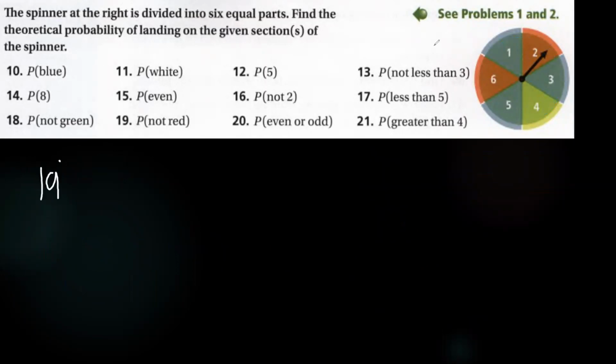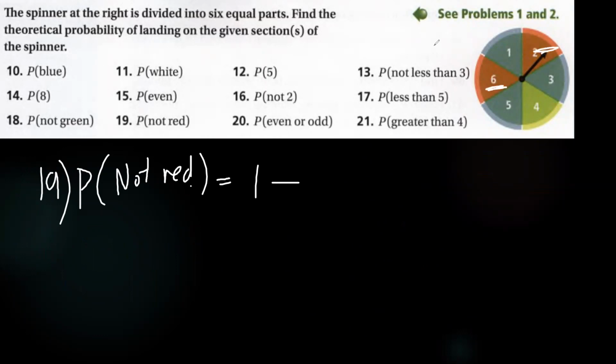Number 19 now. The probability of not red. Not red, 6/6, miss, because there is no red. No, teacher, it's going to be 4/6. So at first not red means 1 minus the probability of red. So 1 minus, how many red do we have?